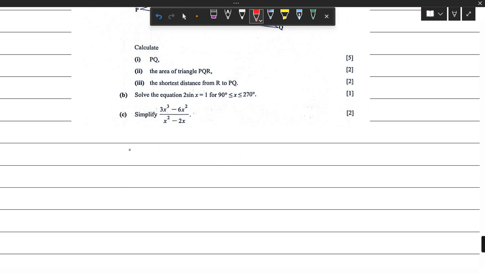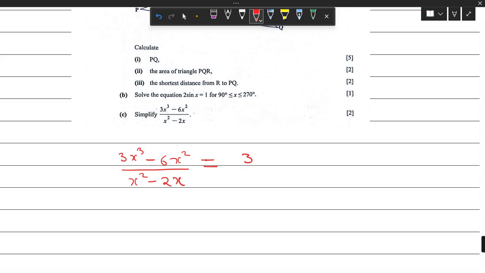So the last part, part C, you say simplify, we have 3x cubed minus 6x squared over x squared minus 2x. This is where we use factorization. So you guys should revise factorization. What is common here? 3 can go into 6, meaning 3 is common.